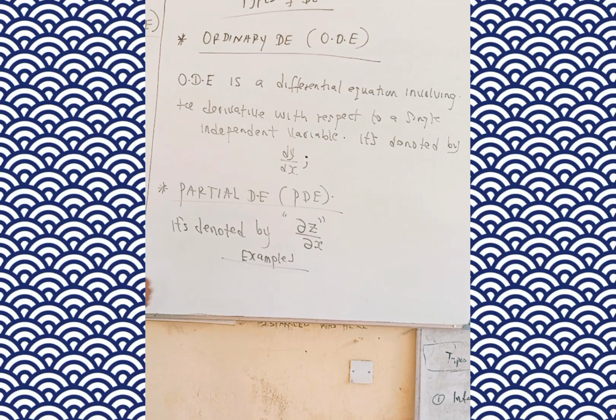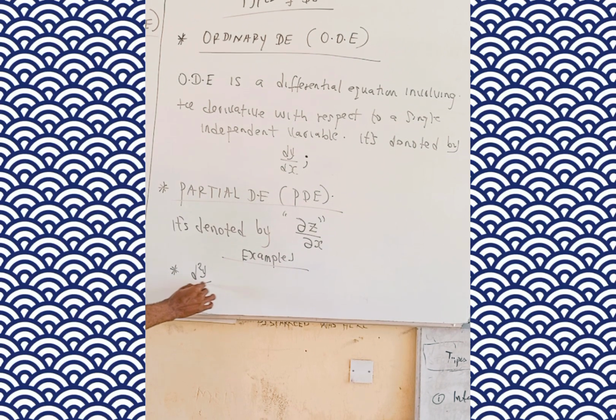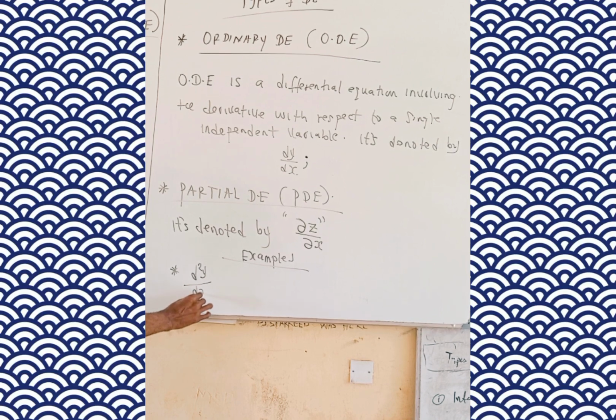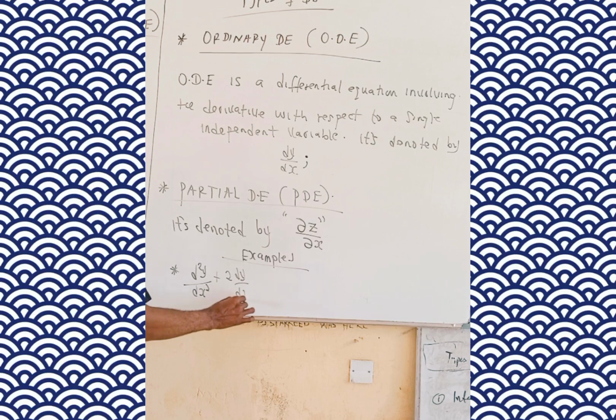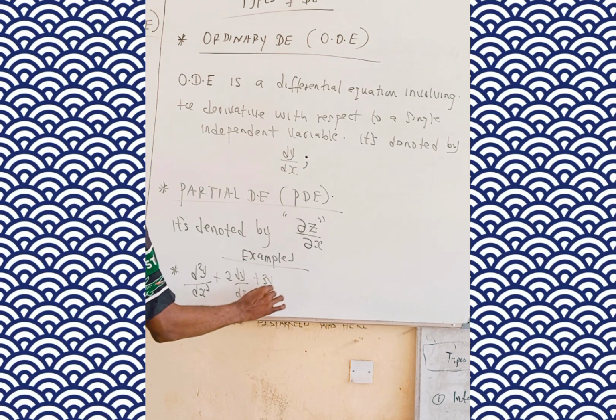Examples. Let's identify the partial differential equations and ordinary differential equations from the examples I'm going to show now. d square y over dx squared plus 2 dy over dx plus 3y equals 0.